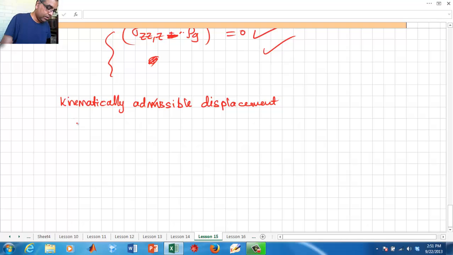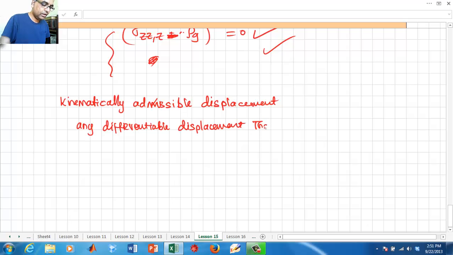Any differentiable displacement that satisfies the displacement field, the displacement u star, on partial omega 2.